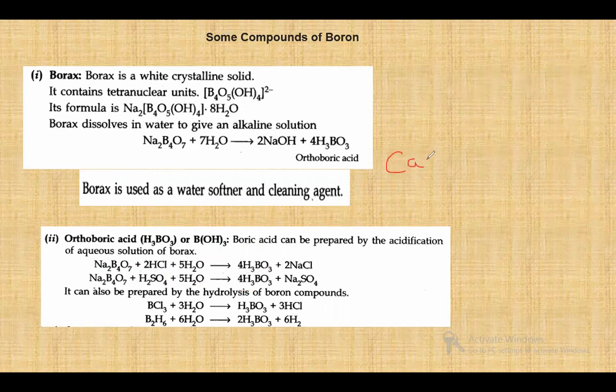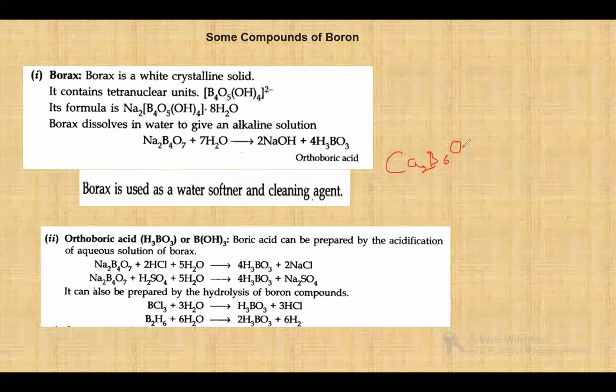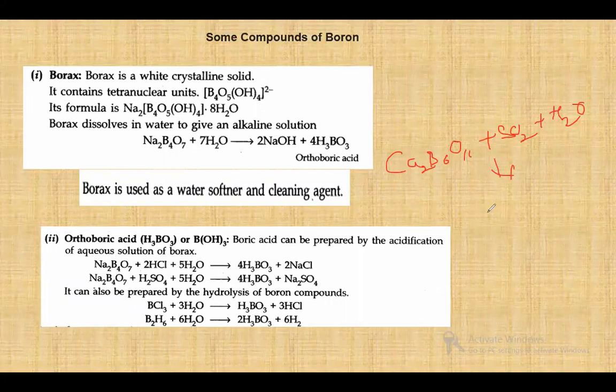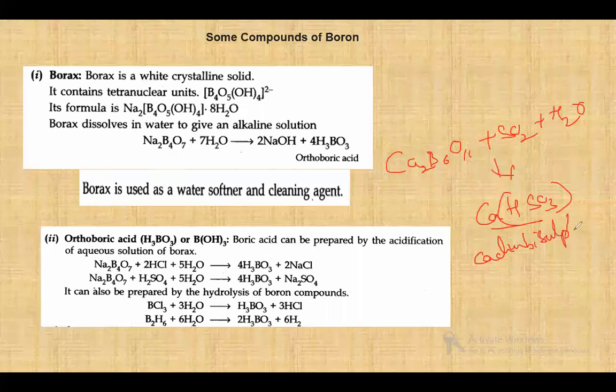You know that calcium ore, Ca2B6O11, treated with sulfur dioxide, SO2, and H2O, acidified sulfur dioxide, gives calcium bisulfite, Ca(HSO3)2, calcium bisulfite, along with the formation of H3BO3, that is orthoboric acid or boric acid.